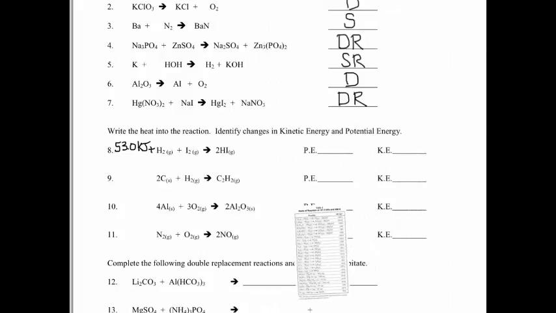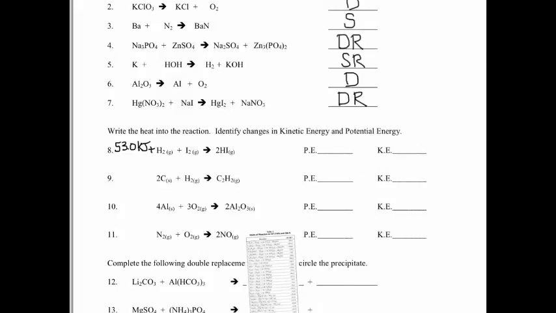And that means that delta H, which we can kind of think is equivalent to potential energy, because whatever happens to delta H is going to happen to potential energy. Since delta H was positive, potential goes up. And that kinetic must go down because the overall energy in the system can't change.